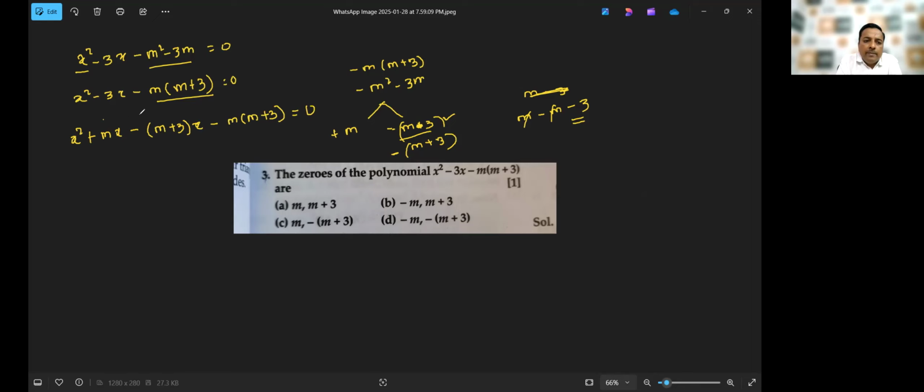So this one is the middle term. अगर इसका एक ग्रुप बना और इसका एक ग्रुप बना, so the bracket (x plus m) minus this bracket is same. देखो, m plus 3. तो m plus 3.